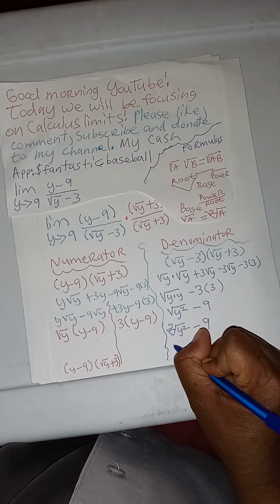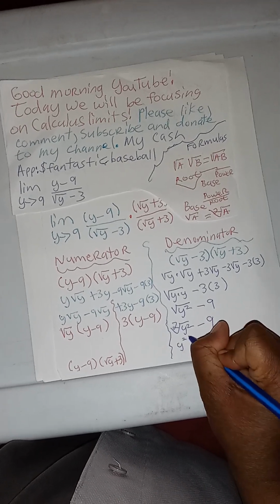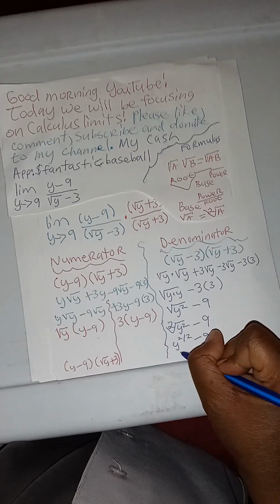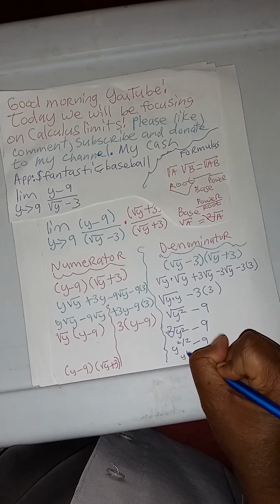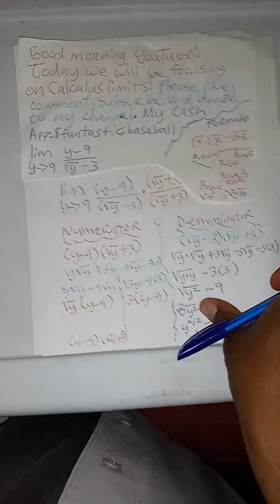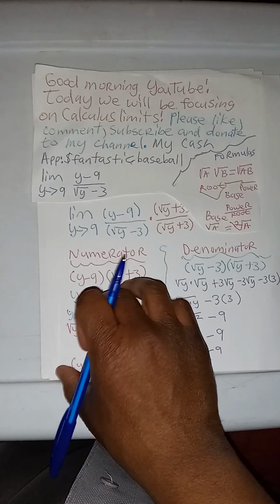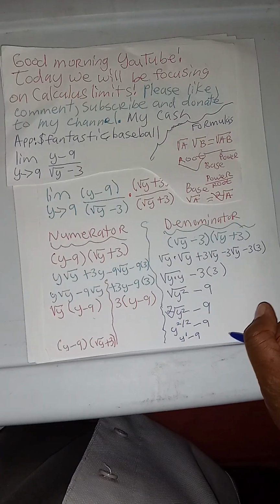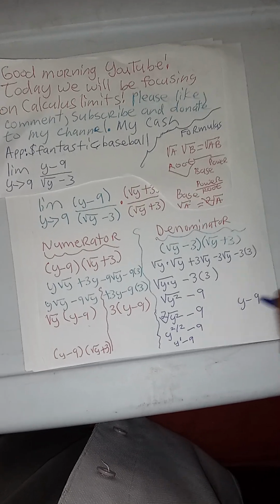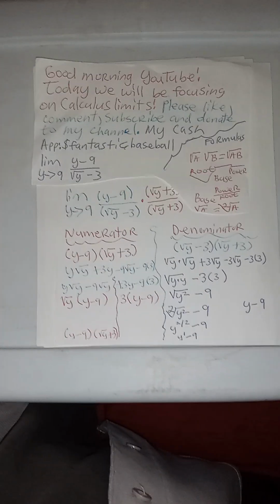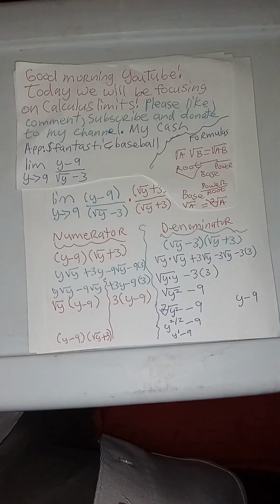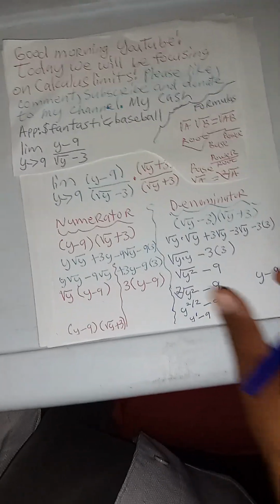So this is going to be y to the 2 divided by 2 minus 9, which equates to y to the first power minus 9. Okay. And this will further break down to y minus 9. So now we have our numerator simplified and our denominator simplified so far, and now we need to put it together.